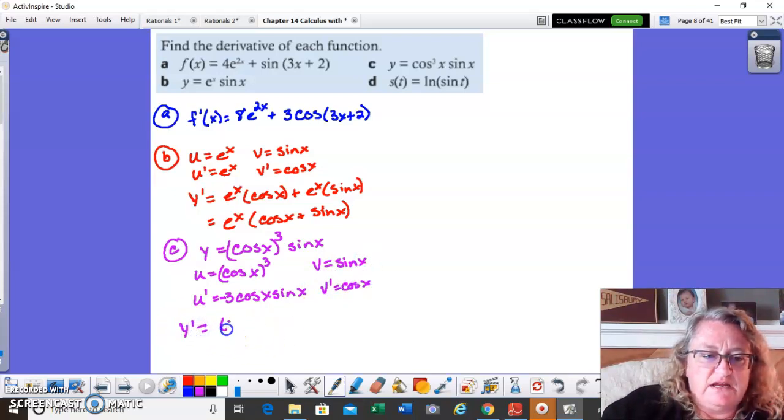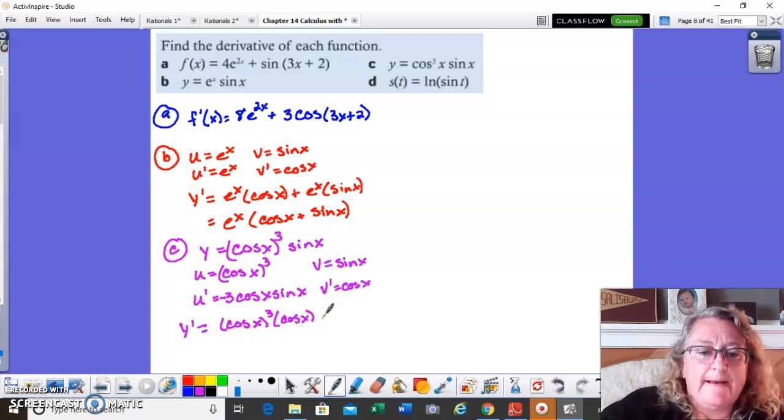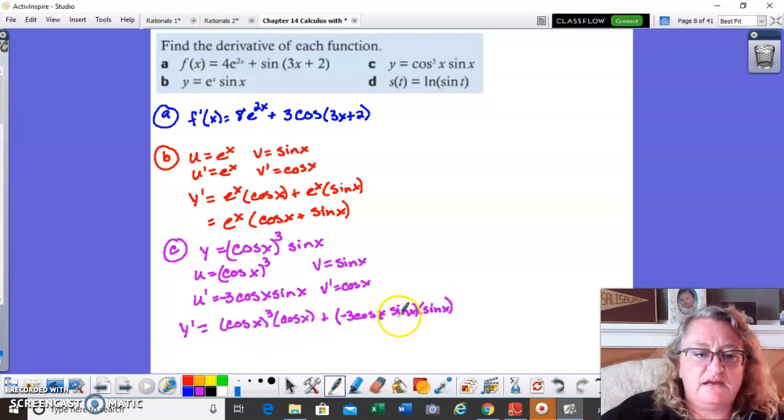So that gets me cosine x cubed times cosine x, so that's going to be to the 4th power, plus negative 3 cosine x sine x times sine x. Okay, I have a cosine that can be pulled out of both of these. I can factor cosine out.